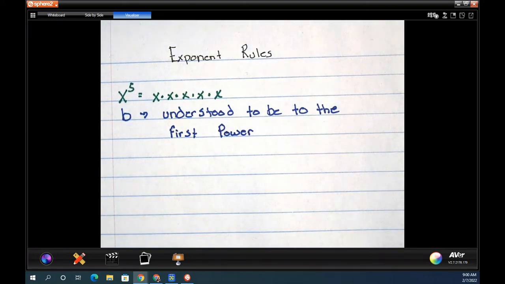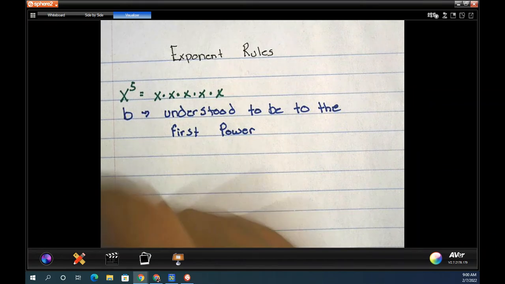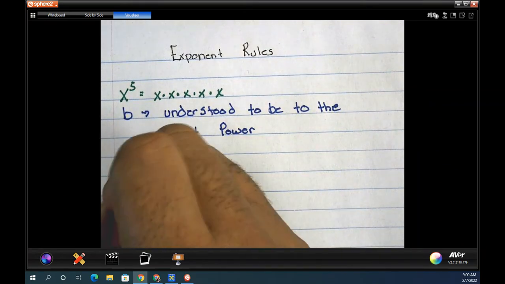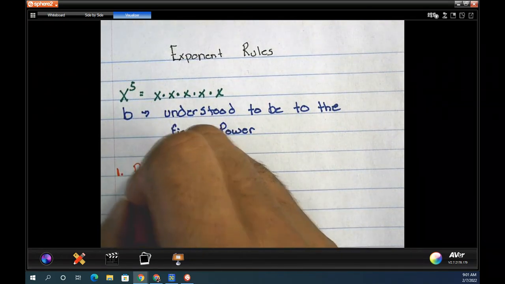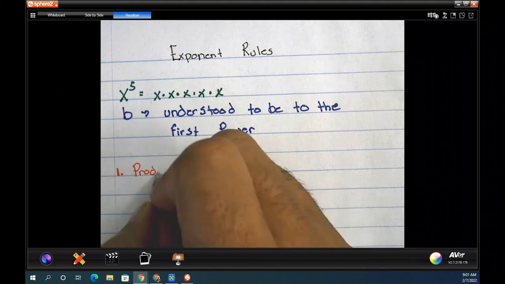All right. Now, here's rule number 1. It's called the product rule.